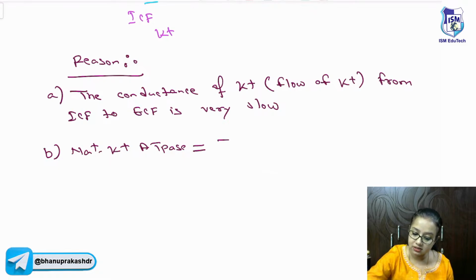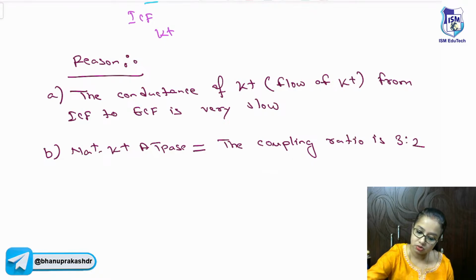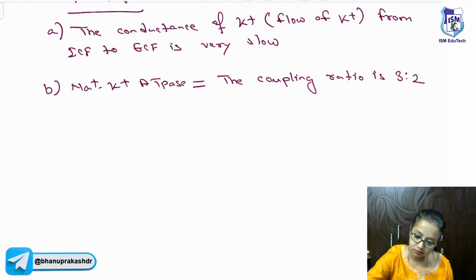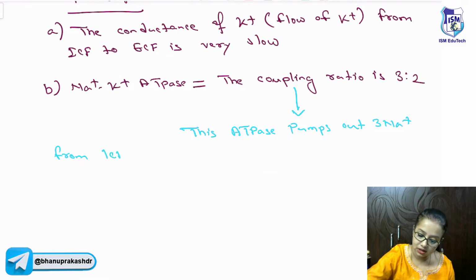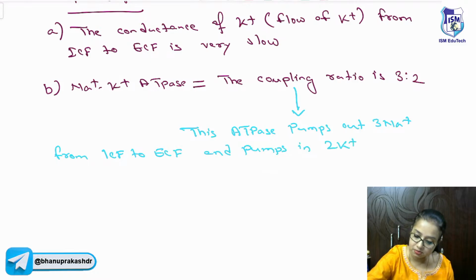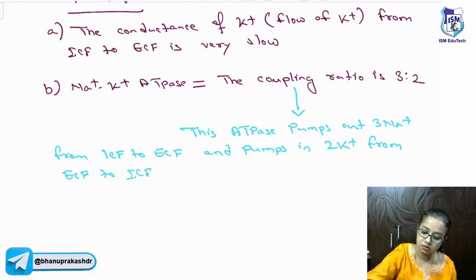What we have seen here is that the coupling ratio is 3:2, meaning this ATPase pumps out 3 sodium molecules from ICF to ECF and pumps in 2 potassium molecules from ECF to ICF.